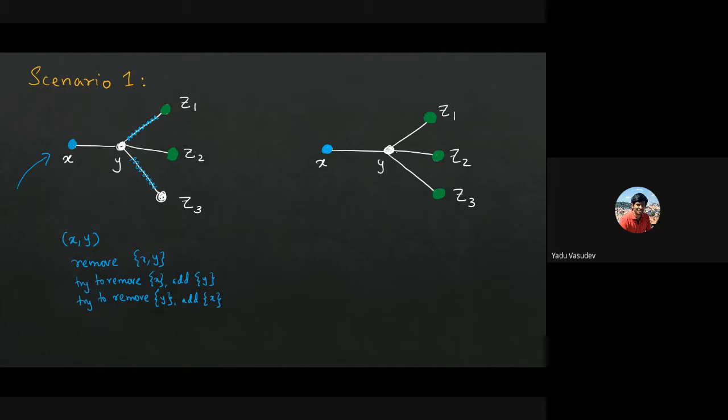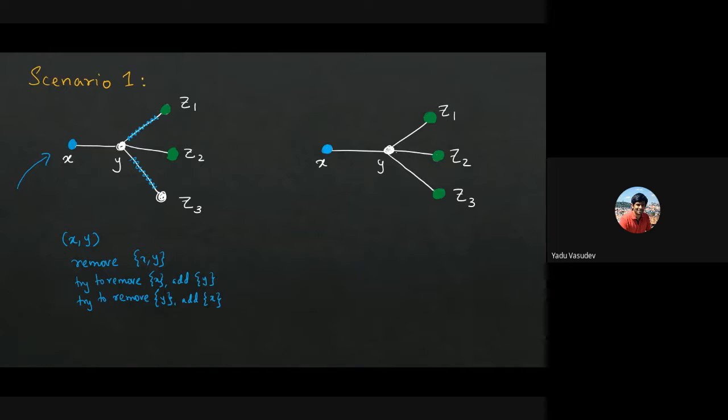If you remove y and z1, you'll just remove z1 in the symmetric difference. For yz1, it cannot increase. The only case would be you try to remove z1 and add y. Then again it cannot be added. You can remove z1, but you cannot add y in both X_t and Y_t, because y is adjacent to x, which is in Y_t, and y is adjacent to z2, which is in X_t. So y cannot be added for sure.